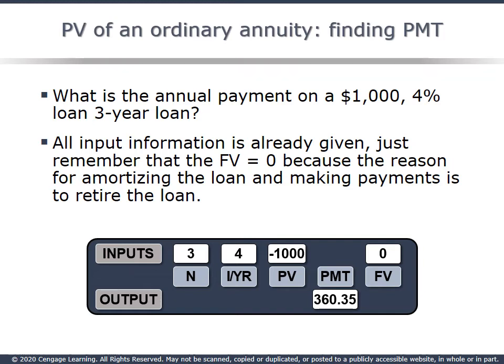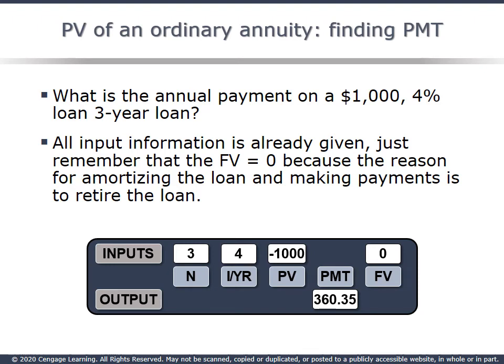So in this case, N is 3, 4 is our interest rate. Our present value in this problem is the amount we borrowed. That's $1,000, which of course we will change the sign. There is no future value. We're solving for payment. So in this case, it is $360.35.